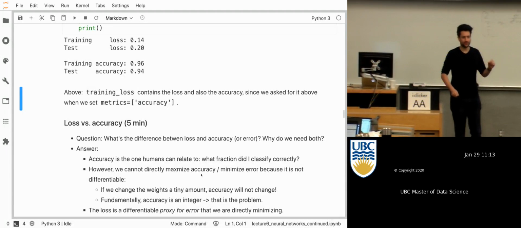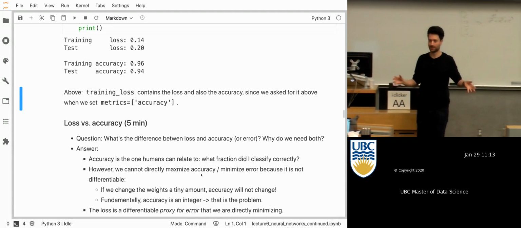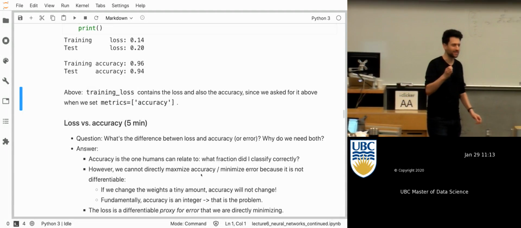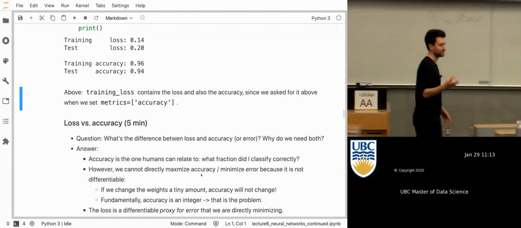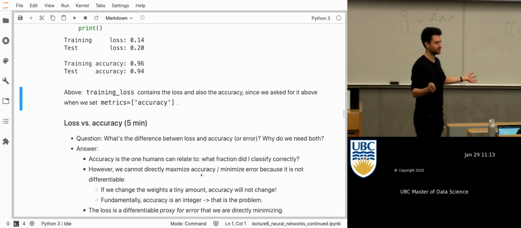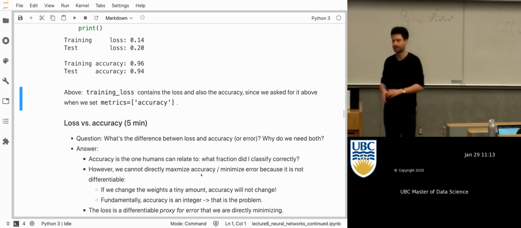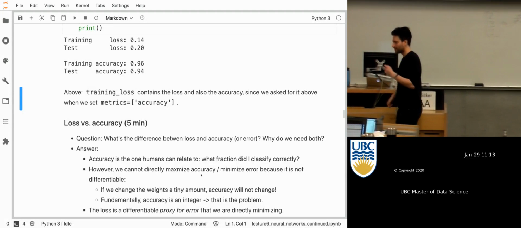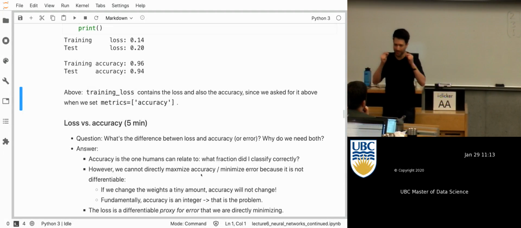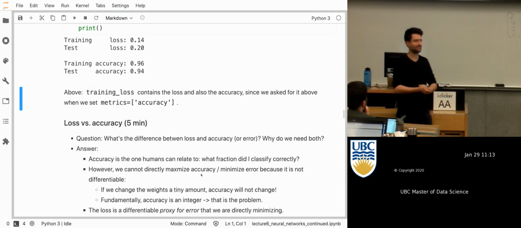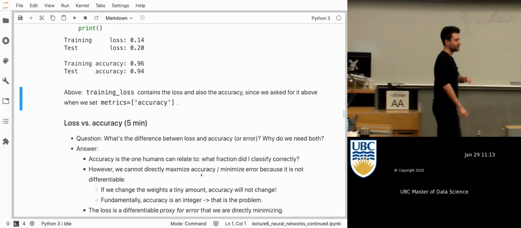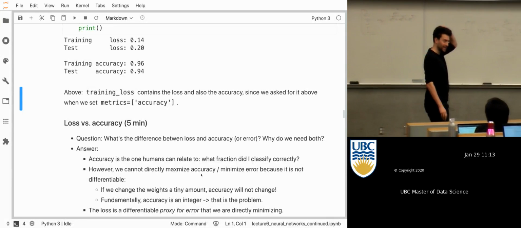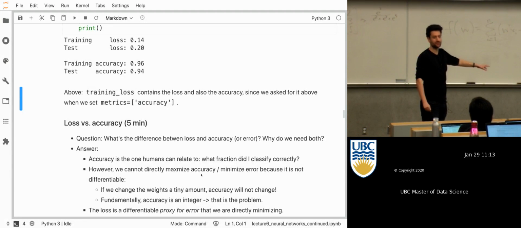Think about what derivatives and gradients are. They're about, if you change the parameters a tiny, tiny amount in a certain direction, how much does the loss change? That's basically what all this derivative stuff is about. Now imagine you have your neural network and you change the weights a tiny, tiny amount. You're going to get tiny changes in all those probabilities.